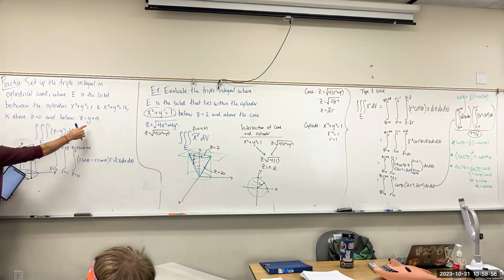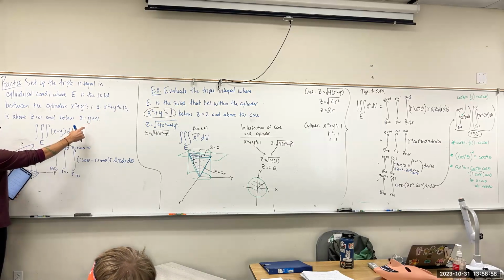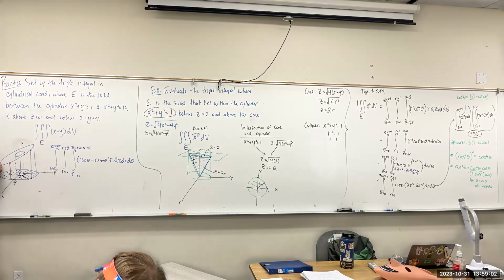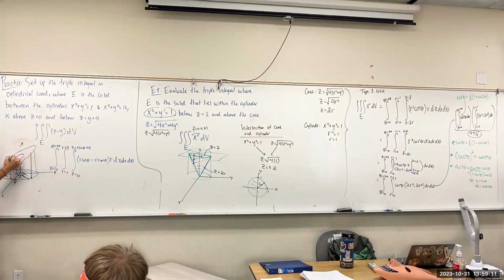And when y is -4, z should be 0. You're right. Actually, it should be really slanted. I will give you no points off though. It's just a sketch for you to understand that this is above, this is below, and you don't include the inside. That's what I would be grading.